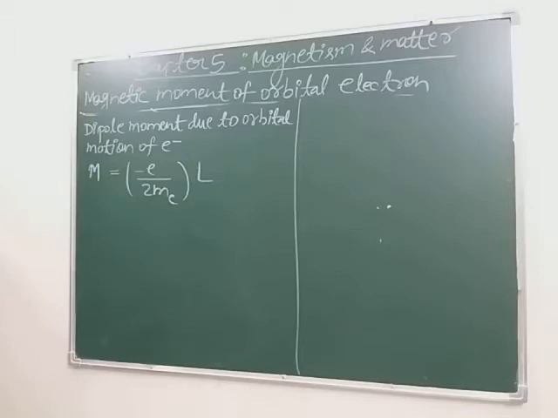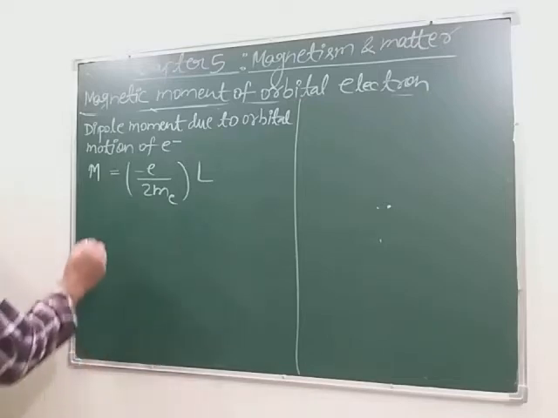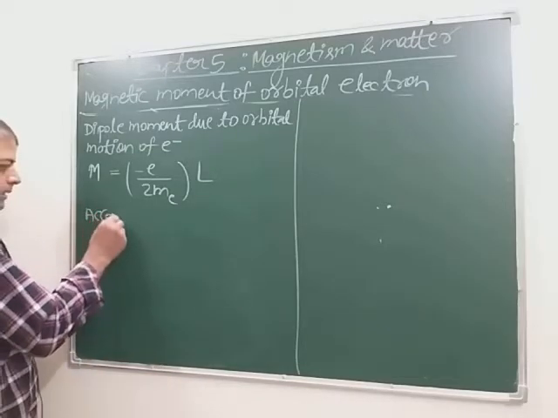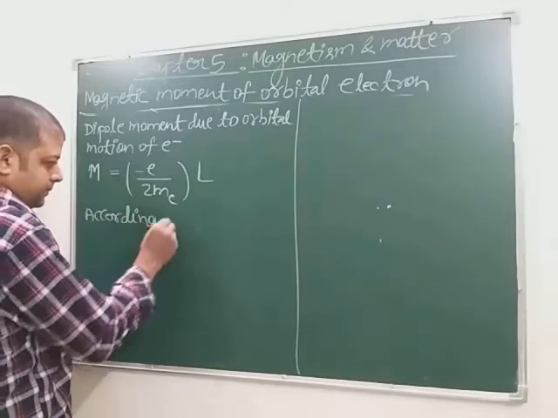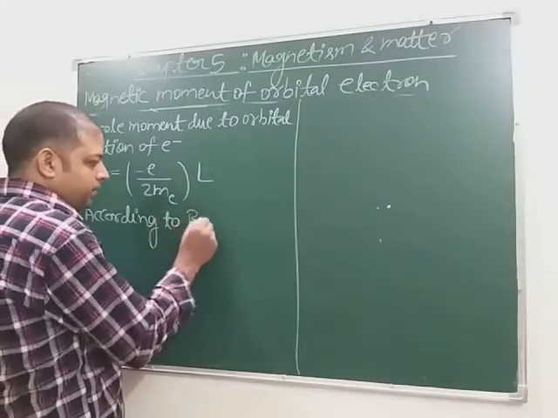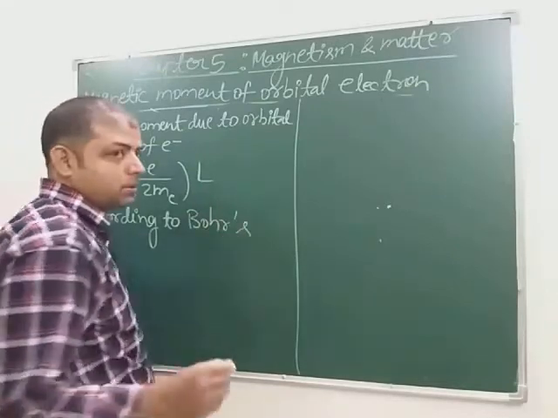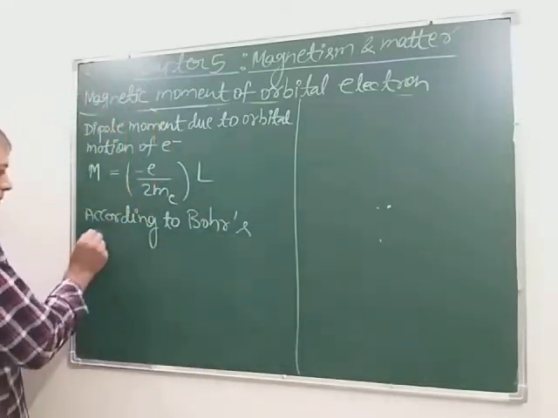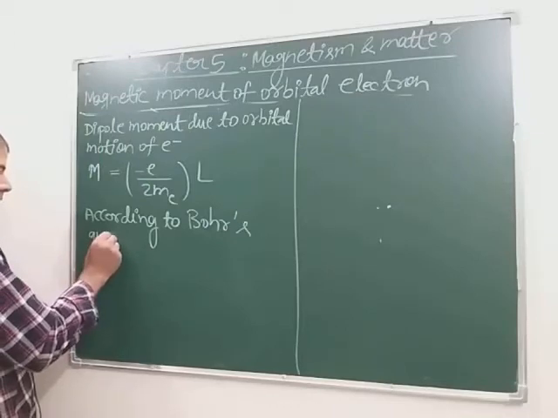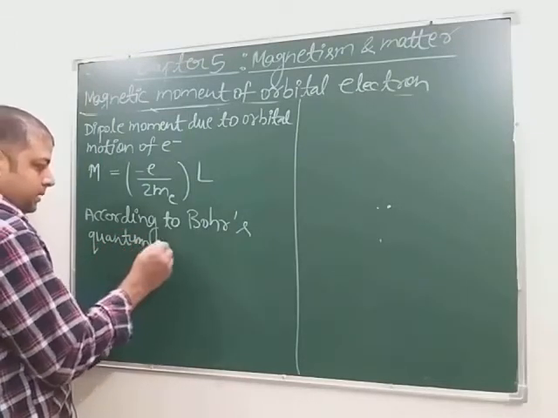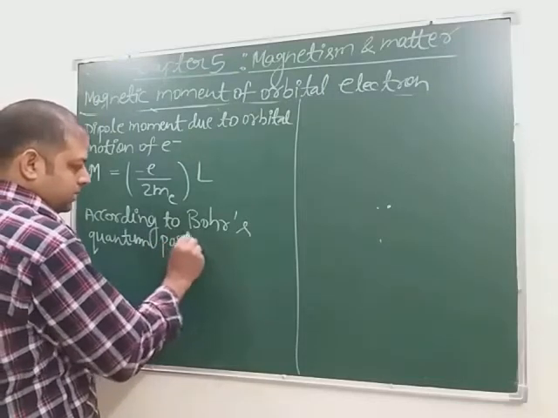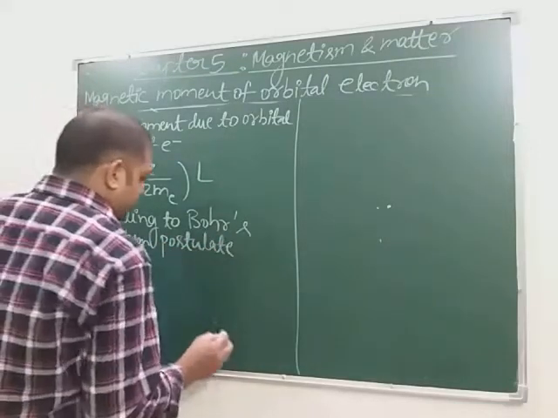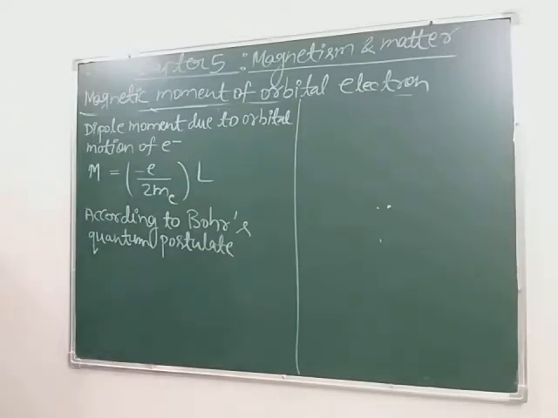Now according to Niels Bohr's quantum postulates, at the place of L we can write nh upon 2 pi.